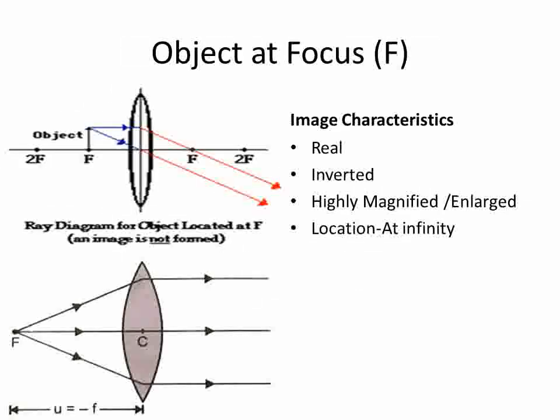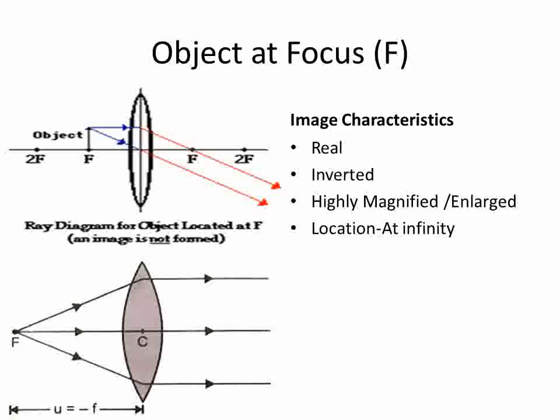Now object at focus f. A parallel ray passes through the focus after passing through a lens, and another ray passes through the optical center. These two rays are parallel to each other, and parallel rays always intersect at infinity.